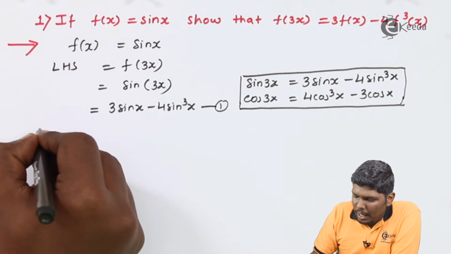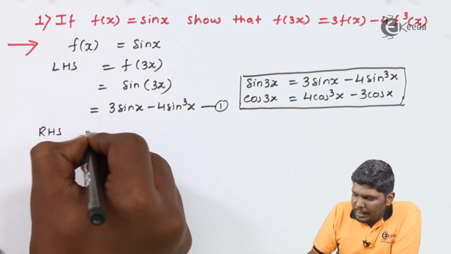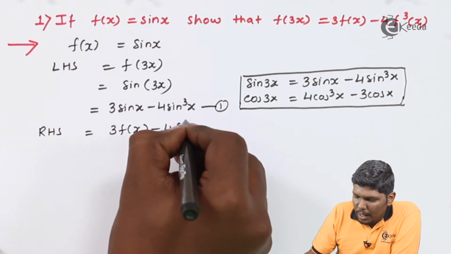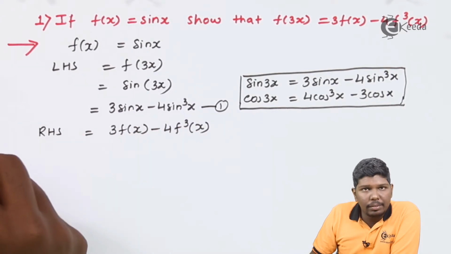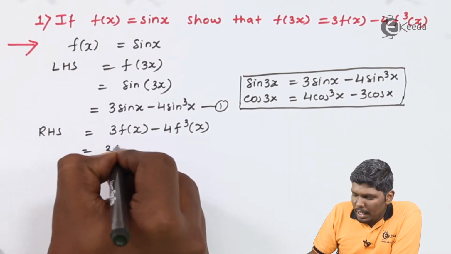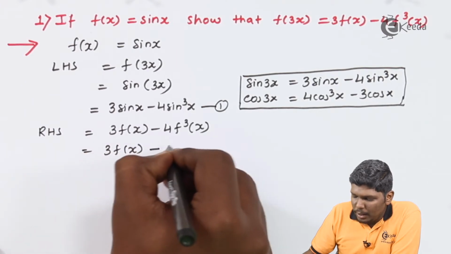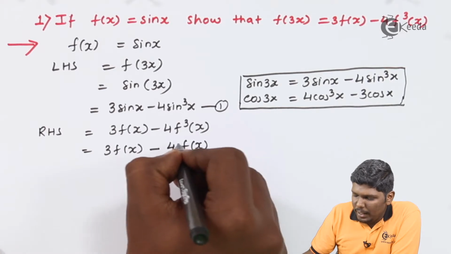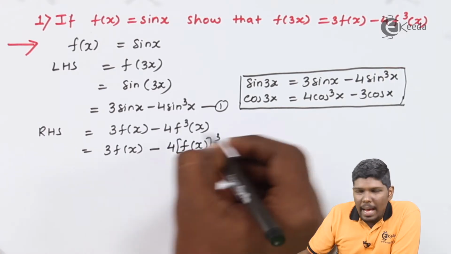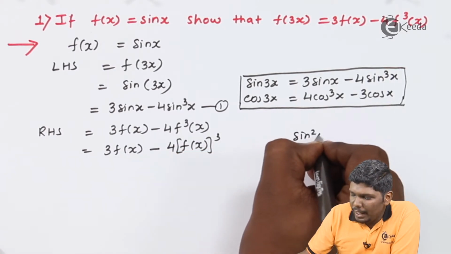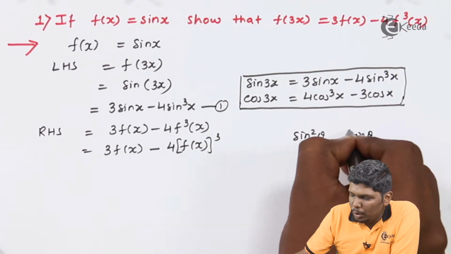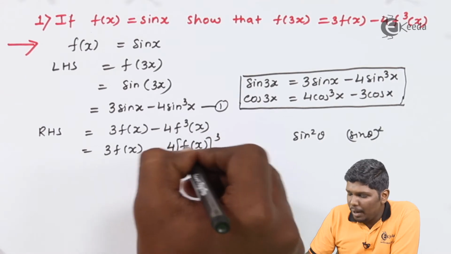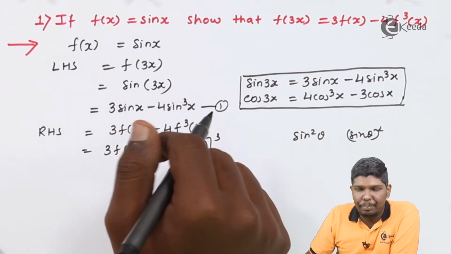Now we'll consider the RHS. So RHS is 3 f of x minus 4 f cube x. Now this can be written as 3 f of x minus 4 times f of x the whole cube. As we say, sine square theta and sine theta the whole square are both the same, similarly, f cube x and f of x the whole cube are the same.